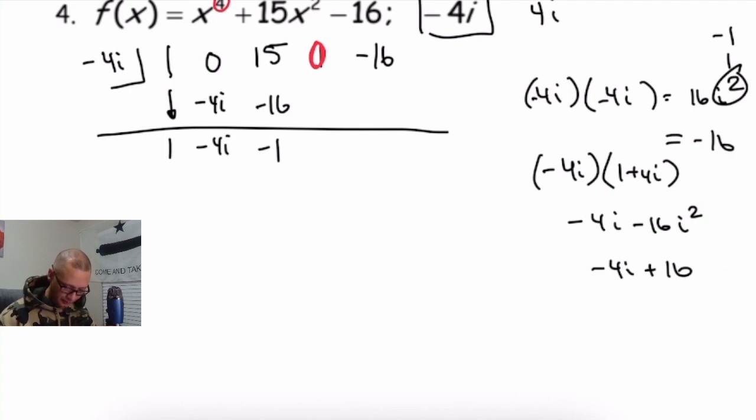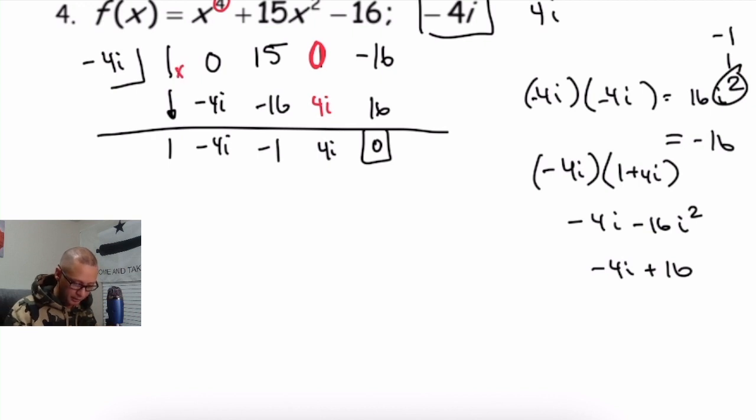All right, so when we multiply negative 1 times negative 4i, we get positive 4i. So when you add, we get 4i. So when we multiply positive 4i times negative 4i, we're going to get negative 16i squared. So we lose i squared, flip the sign, we get 16, and we get 0. So that was as expected.